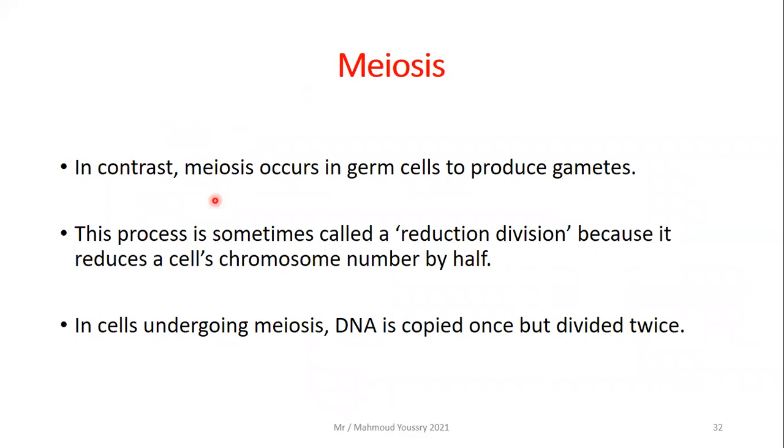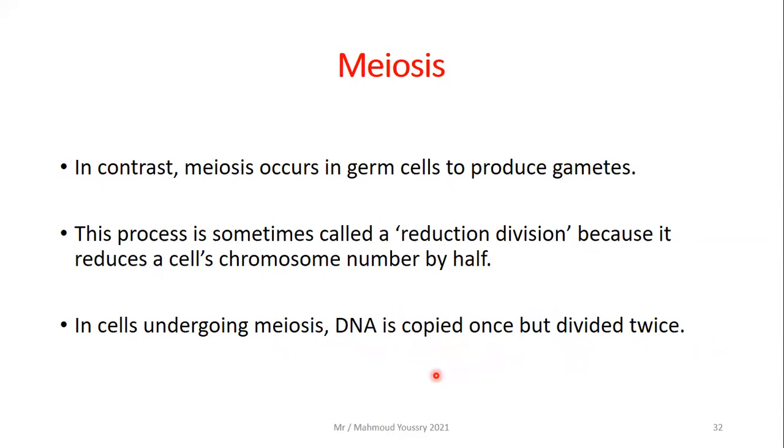In contrast, meiosis occurs in germ cells only to produce gametes. This process is sometimes called reduction division, because it reduces a cell's chromosome number by half. In cells undergoing meiosis, DNA is copied once but divided twice.